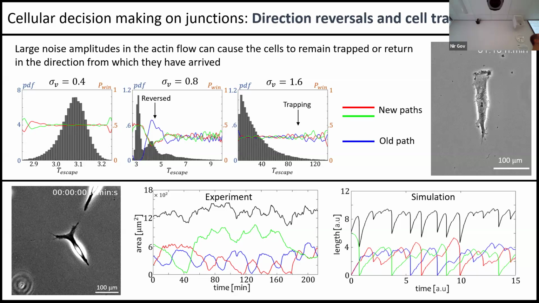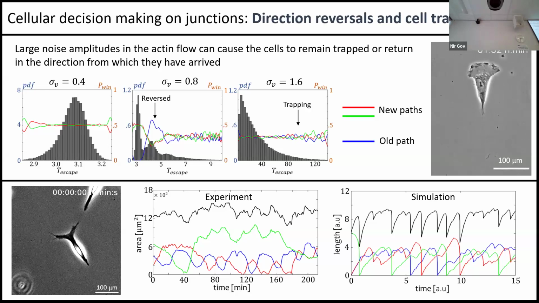So with larger noise, you have a probability of actually reversing at the junction. And if you think that's crazy, there's actually an example here where the cell arrives at the junction. These are the two new paths, but instead of going along them, it actually prefers to go back. And that is exactly what we predict can happen as the noise is cranked up in the model.